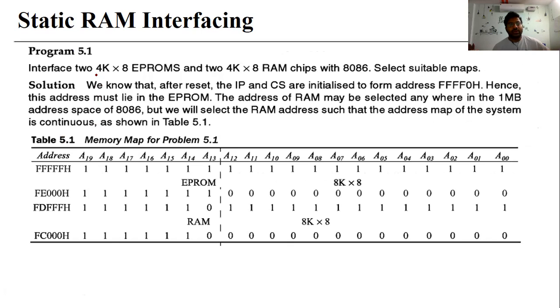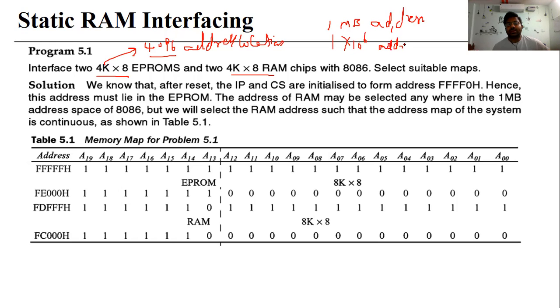But suppose we are going to interface a 4K into 8 memory. 4K is nearly 4,000, or 4096 address locations, whereas 1 MB memory has 1 MB address locations.